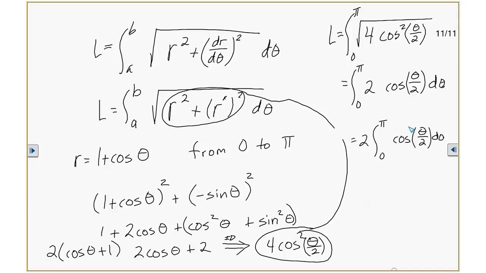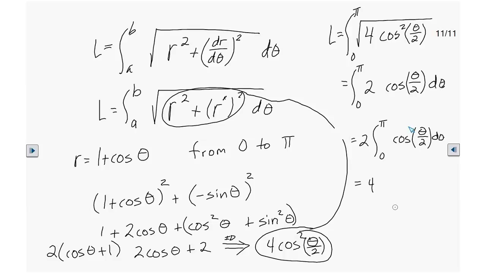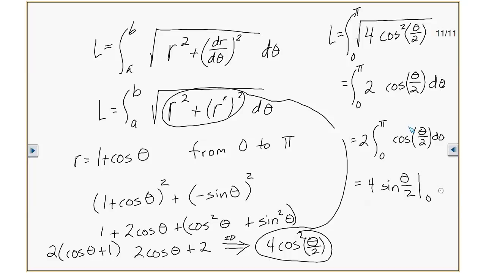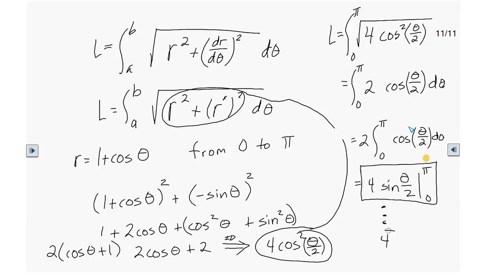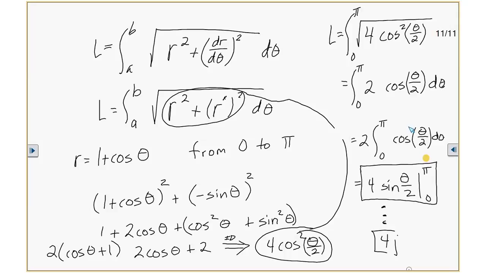You get 4 sine theta over 2, evaluating at 0 and pi. And I think if you do the math, that's your setup. And when you do the math, I think you come out with 4 units length.